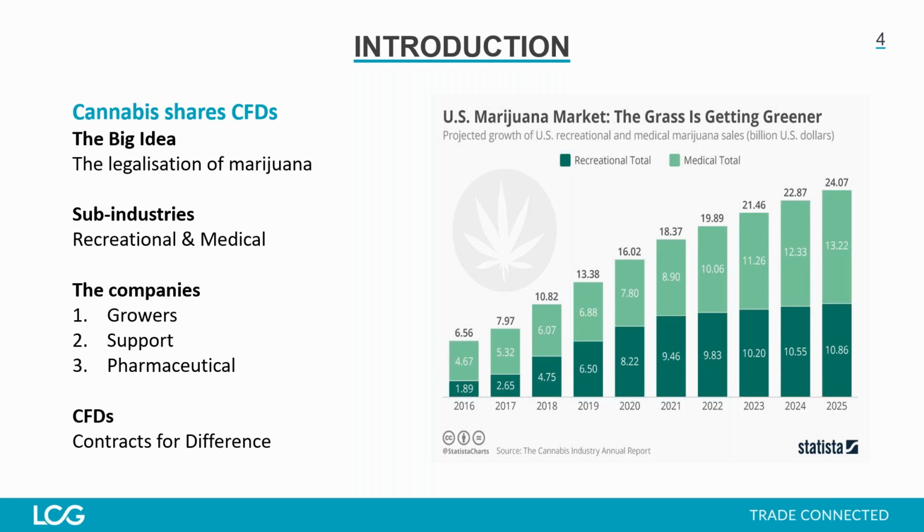The shares are the underlying asset, and these contracts are just an agreement between you and the broker to trade between the opening and closing price of your trade, and that price will reflect the underlying asset, which in this case is these cannabis company shares. Hope that makes sense. Plenty of material out there on CFDs from LCG if that's a little bit of a source of uncertainty to you, but I hope that clears it up.